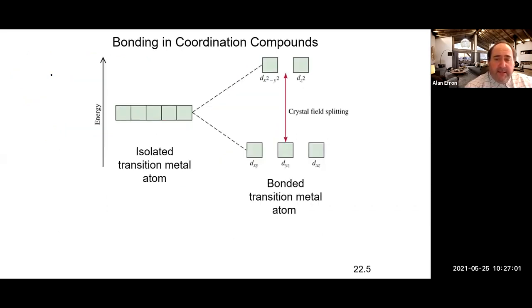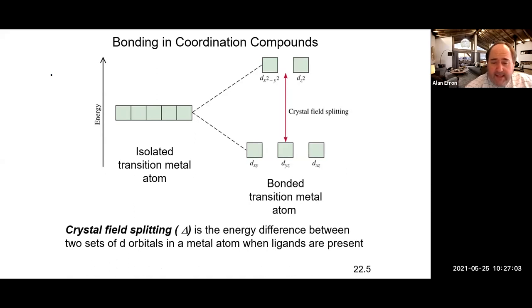So let's take a look at this. This is what is referred to as the splitting that occurs, and it's sometimes called crystal field splitting. Crystal field splitting is the splitting that occurs between the 5 d orbitals in the metal that's part of the complex ion. Again, in the isolated transition metal by itself, all these d orbitals are equal in energy, and the d electrons would be populated like normal.